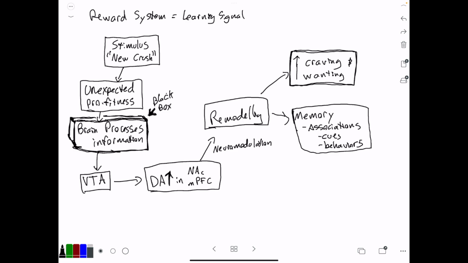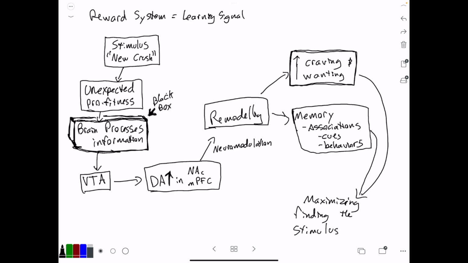And all of these two things are meant to maximize finding the stimulus again. And I keep saying finding the stimulus, but I'm not describing the person as a stimulus.